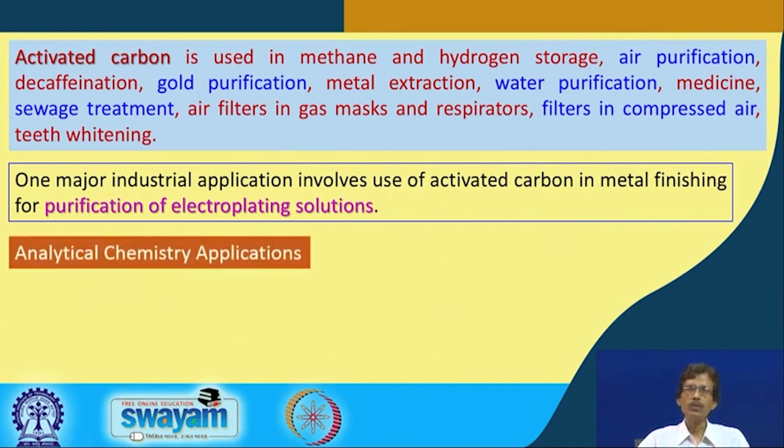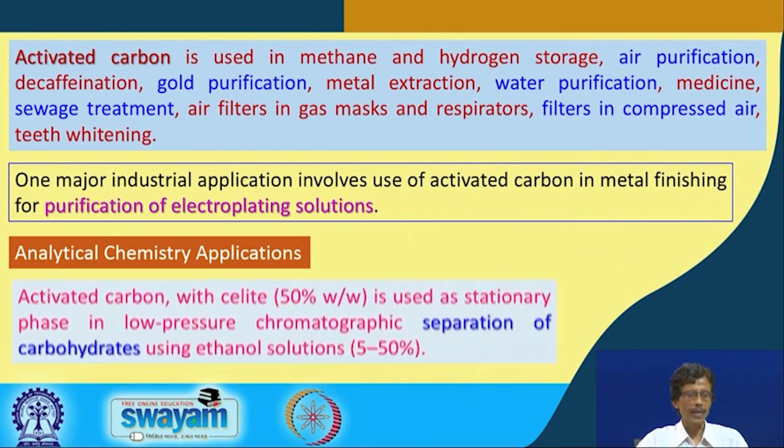Since we are talking about the removal of these things, the choice for all these cases is how we increase the purity of the material. So this use of activated carbon can have some important application in analytical chemistry. How can analytical chemistry benefit from activated carbon?